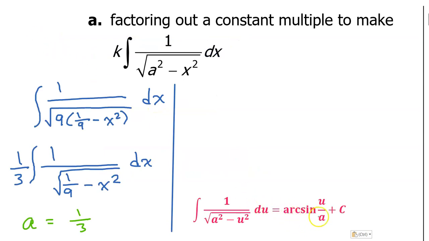Please notice that the arcsin rule does not have a u over a or a 1/a in the front. All right, it's the only one that doesn't. So we just immediately begin to write arcsin. We did not do u substitution, so I'm just going to do x over a.